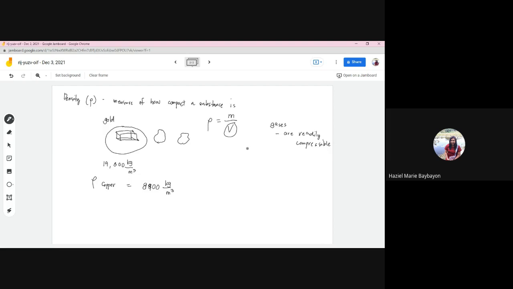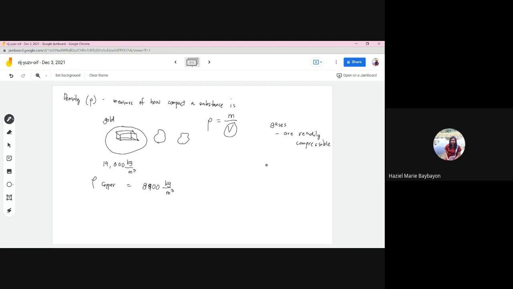Okay, and also if you change the temperature of gases from a higher temperature to a lower temperature, the molecules comprising the gas move closer to each other, and then the volume decreases with the same mass. Okay, so that means its density increases. So for gases or for substances that are readily compressible, their density is dependent on temperature.